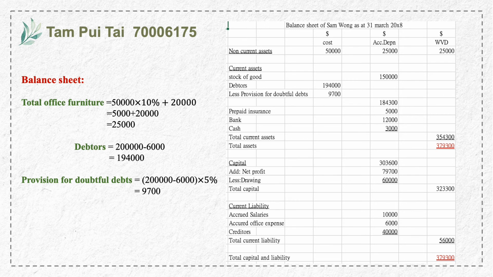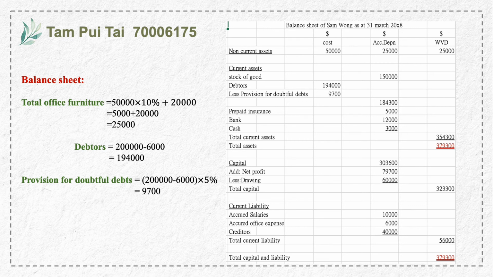So 50,000 times 10% is 5,000. Then we need to plus 20,000. So the depreciation of office furniture is 25,000.